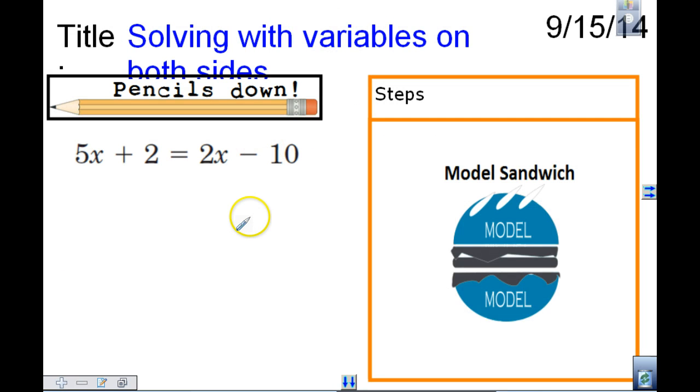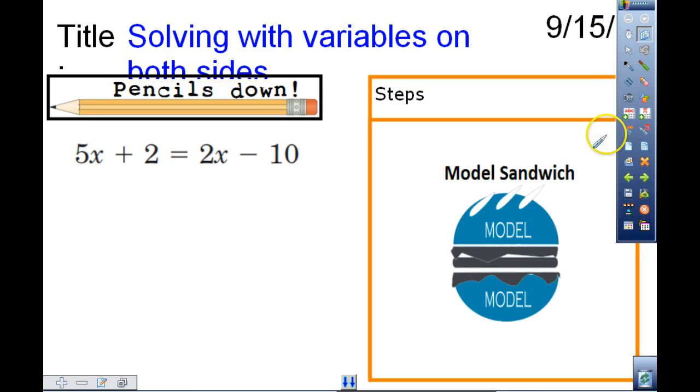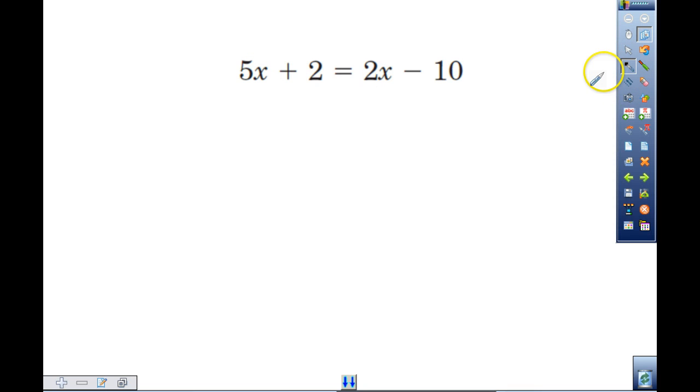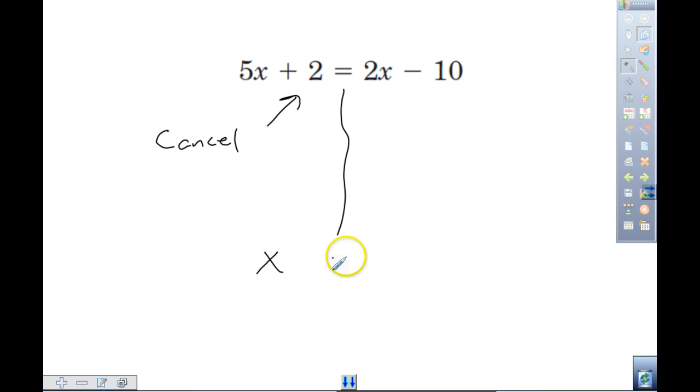All right. So I'm going to show you a few examples and then have you guys start in class. In general, I want you to know that you always want to cancel, to start off. Our goal is to have x equals some constant, right? x equals 5, x equals -2, that kind of thing.